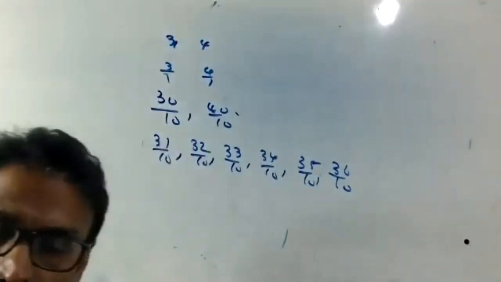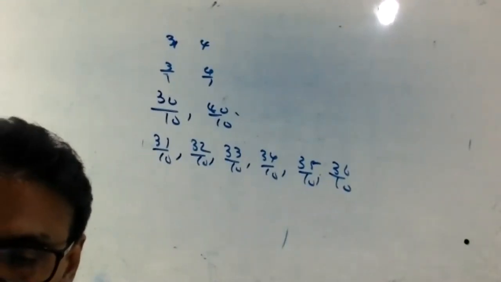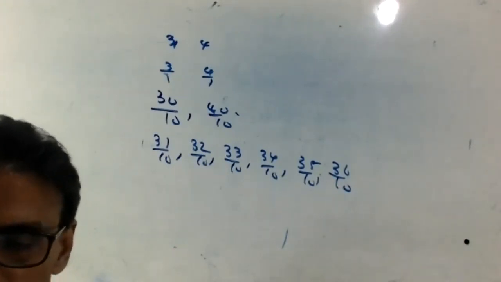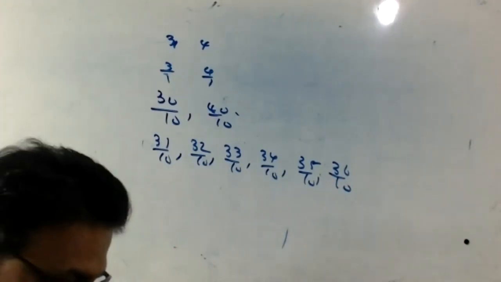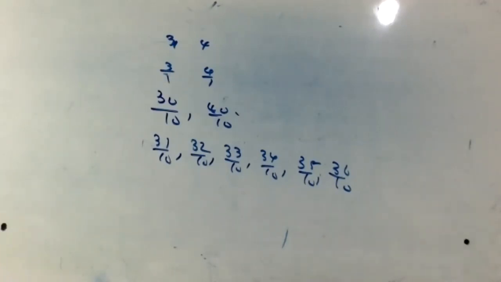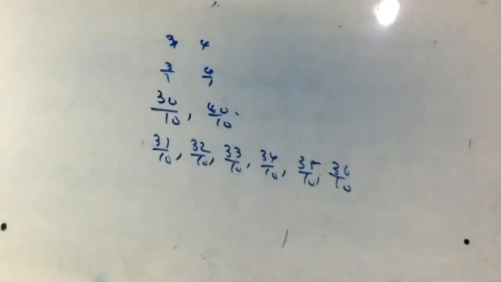But this one is very simple, so we can write directly 3.1, 3.2, 3.3, like that, no issue. I just told the methods. Okay, write yourself now. Write 6 rational numbers between 3 and 4. Okay, write fast.